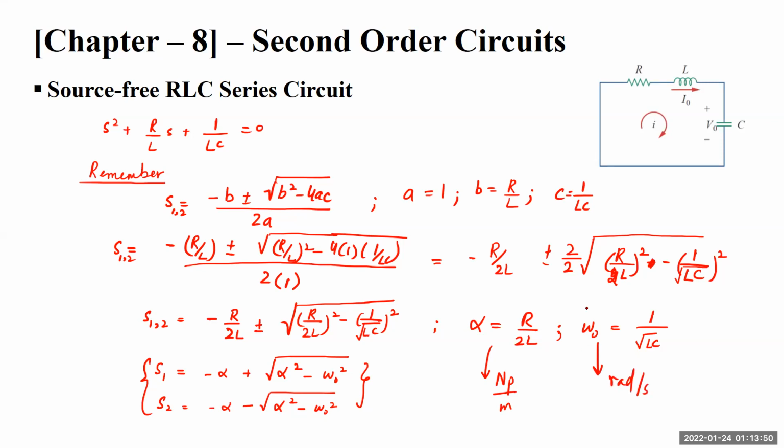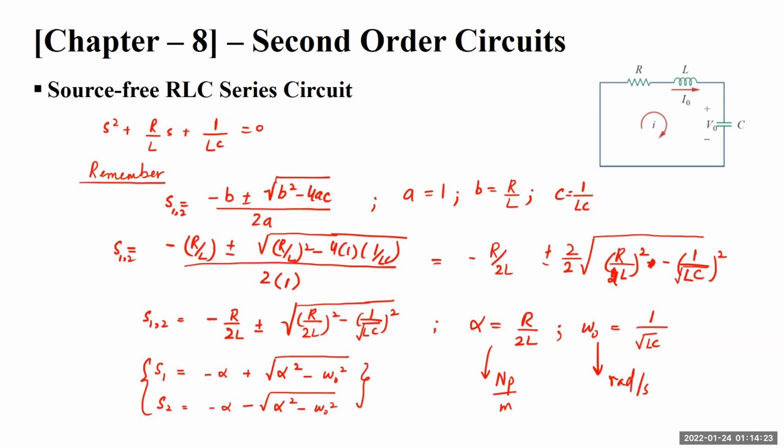Remember, omega naught is the undamped natural frequency of the circuit. S1 and S2 are basically the damped natural frequencies of the circuit, whereas omega naught is the undamped natural frequency of the circuit.